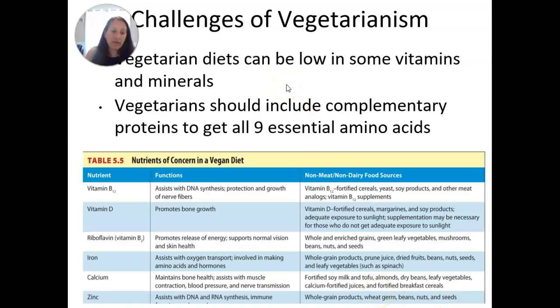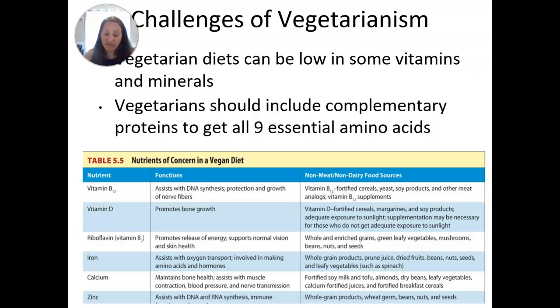Okay. The other problem with being a vegetarian is making sure that you get all 9 essential amino acids. And so individuals choosing some type of a vegetarian lifestyle really have to think about meal planning so that they get complementary proteins to ensure they're getting adequate amounts of all 9 essential amino acids, as well as adequate amounts of protein and adequate amounts of other nutrients like vitamins and minerals.